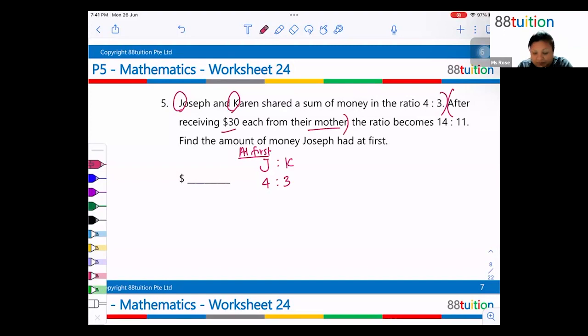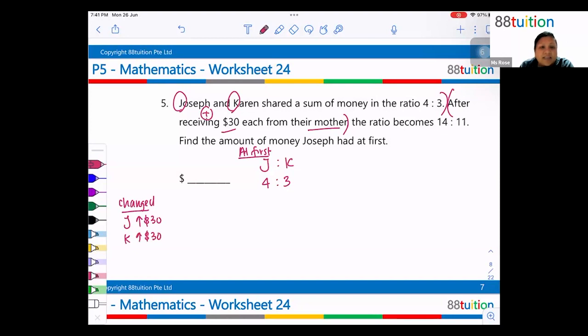Okay, now, when each of them received $30, what changed? What had changed? Joseph's money would have increased by $30. They received, right? And Karen's money would have also increased by $30.